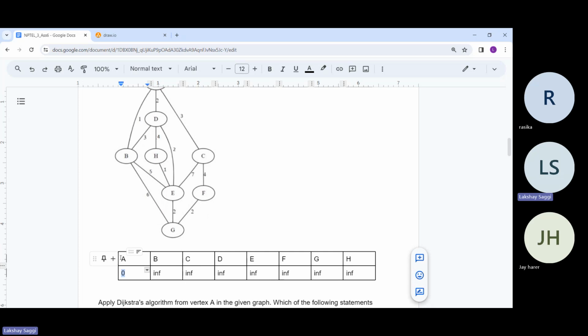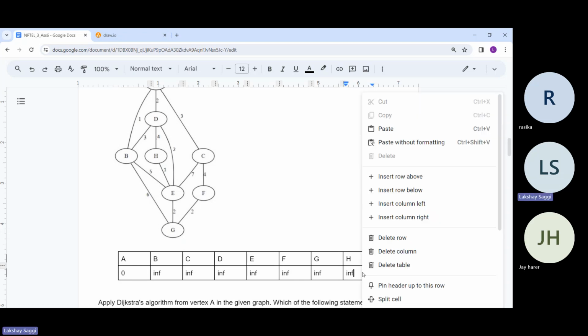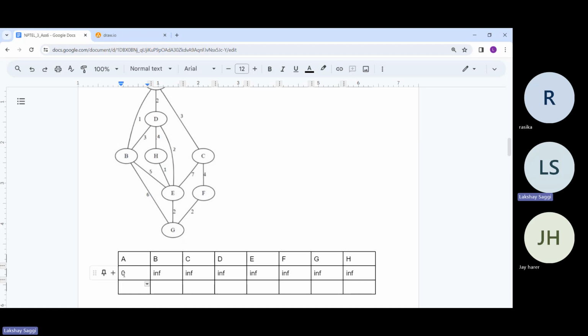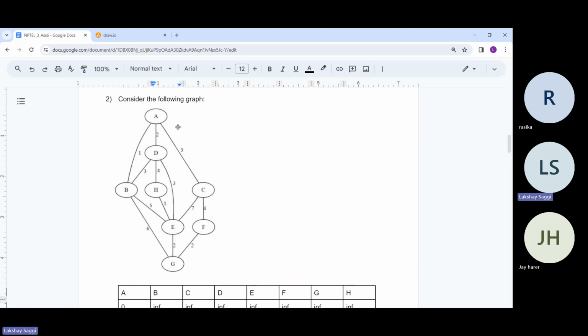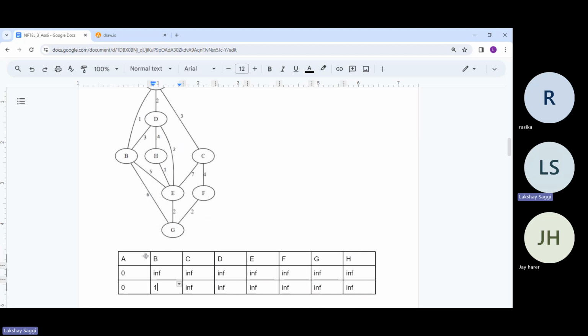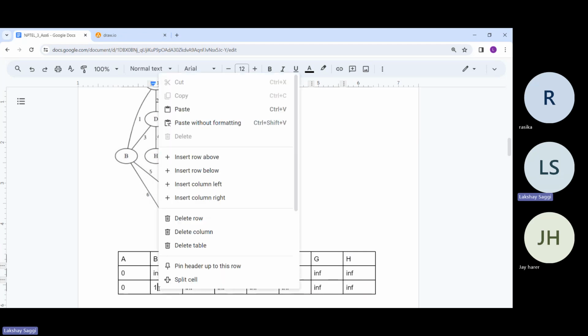So the distance of B will now get updated to 1. I should just copy all these values and update the distance of B to 1. And why is this distance of B updated to 1? Because as we started out from A, B was the nearest vertex to A, at a distance of 1. So that's why B's distance gets updated to 1.